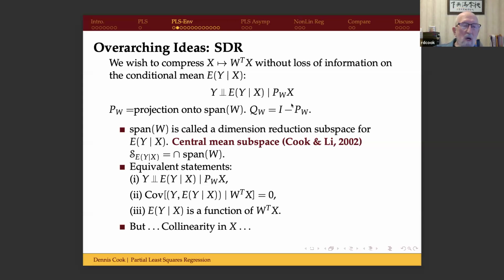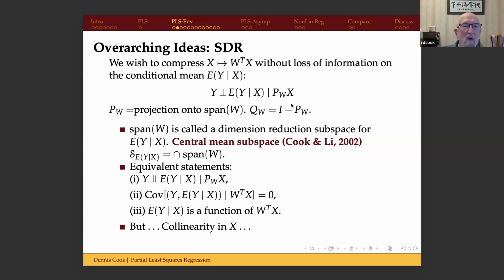There are lots and lots of methods for sufficient dimension reduction. There are lots of methods, but not quite so many for the central mean subspace. But nearly all of them suffer from the usual regression plague of collinearity.